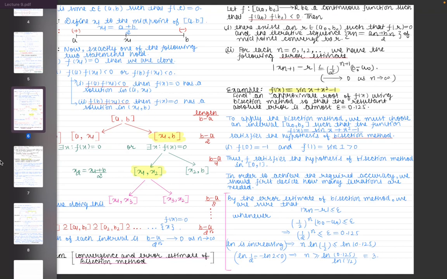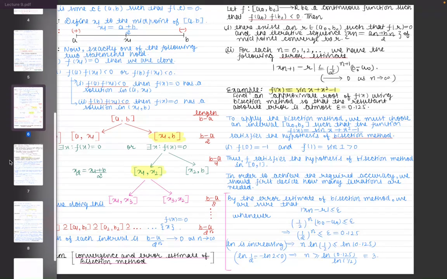This assumption is necessary so as to ensure by the intermediate value theorem that the root lies in the open interval a naught comma b naught.